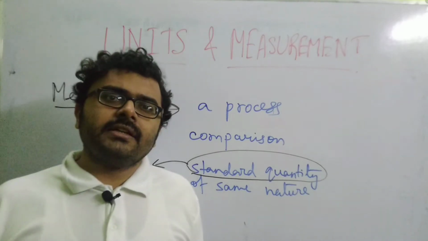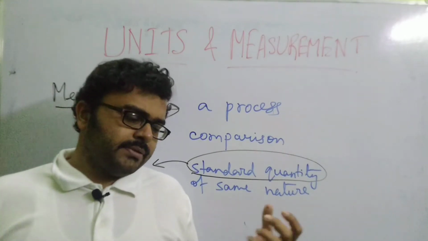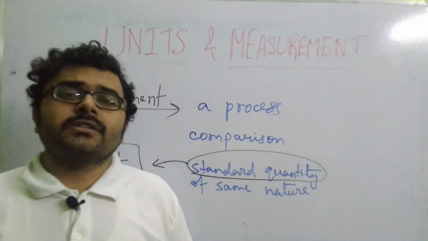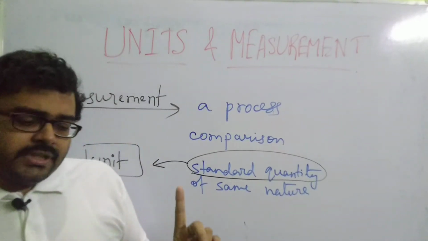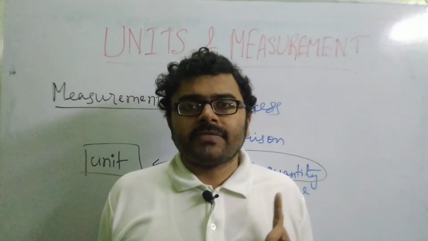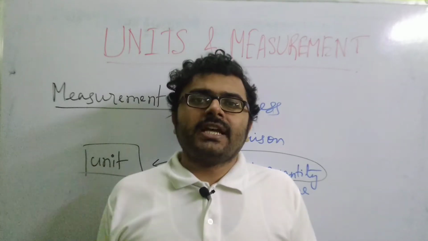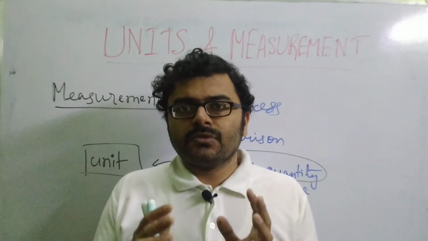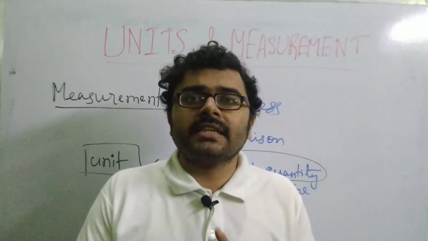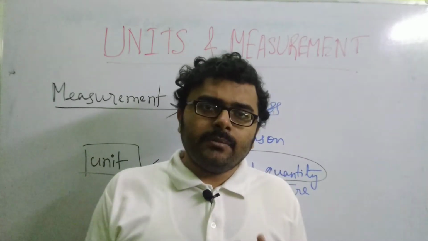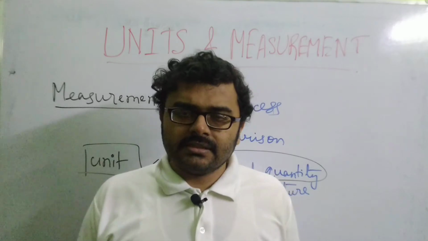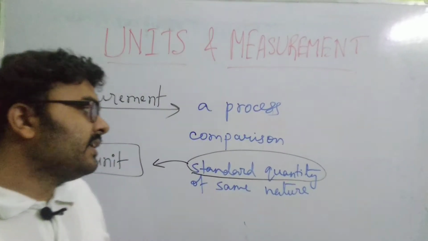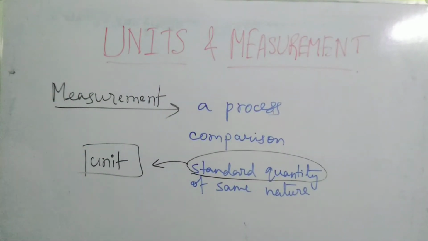So we have some standard quantities with which we make the comparison, and those standard quantities are regarded as units which do not actually change over a period of time or from place to place. Okay, they remain the same irrespective of time or places. So these are the units. Fine. So I think the concept is clear.